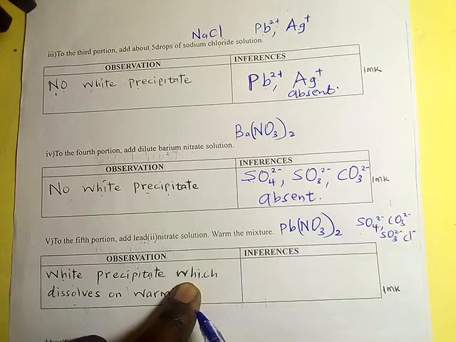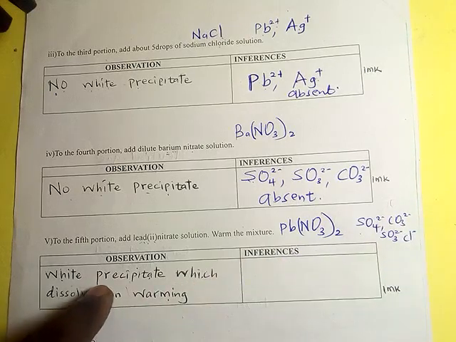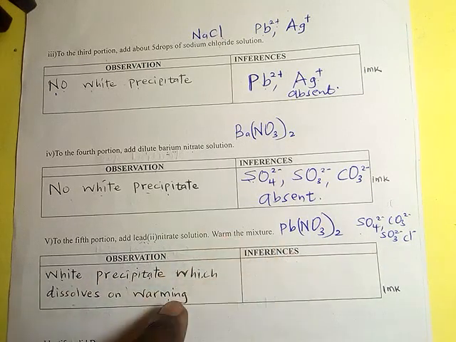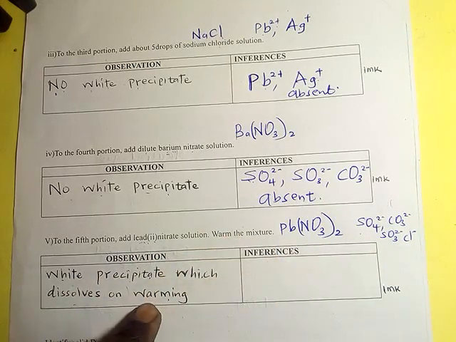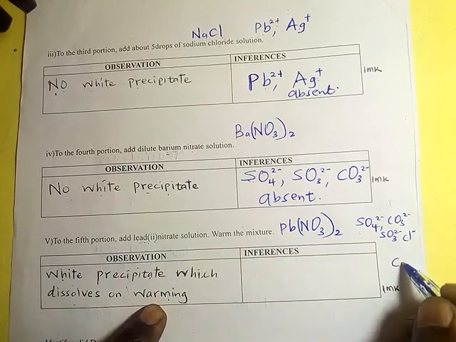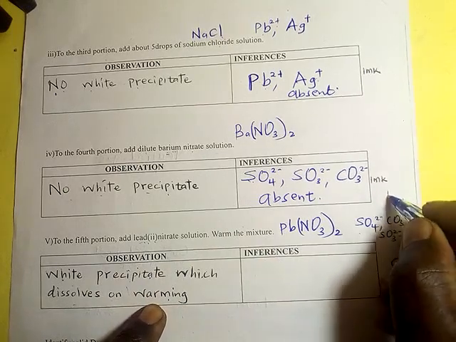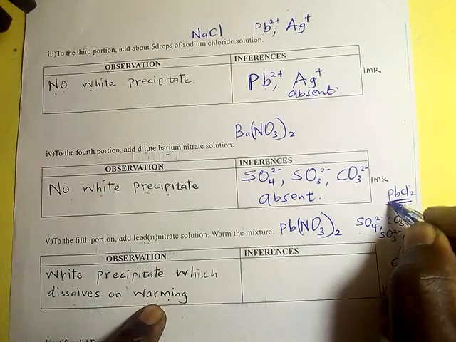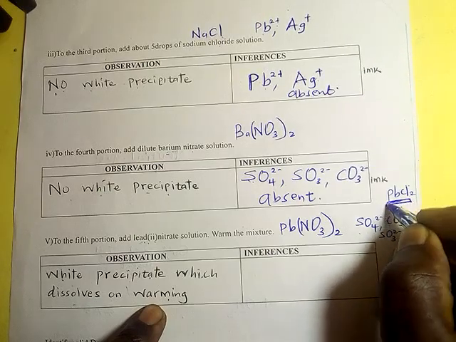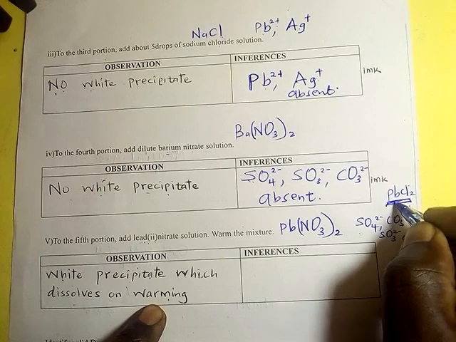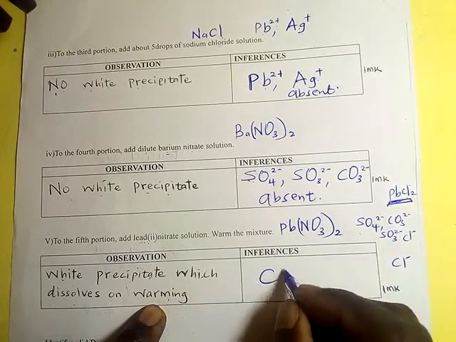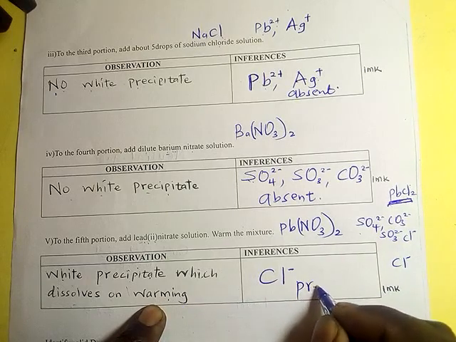But when you warm, the white precipitate dissolves. That confirms the chloride ion, because lead chloride is the only white precipitate which dissolves on warming to form a colorless solution. Therefore, this confirms that the chloride ions are present.